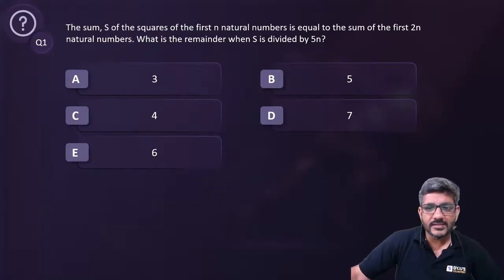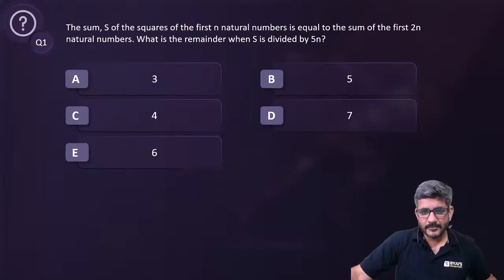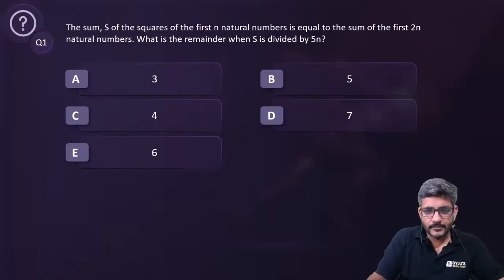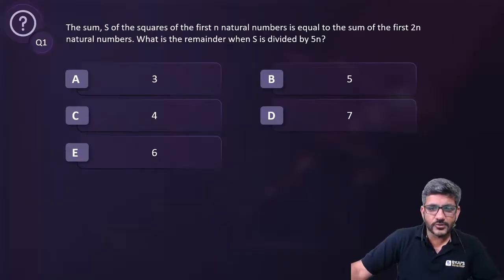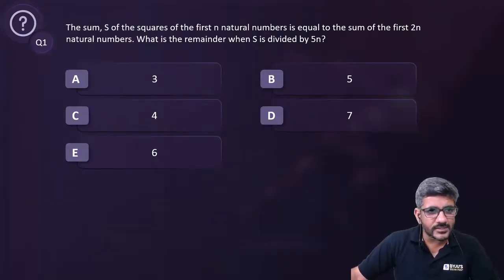I don't see any answers yet. Chaliye, let's start doing this question. Sushmita says, I'm not able to understand the question. Okay, not a problem. Let's see.